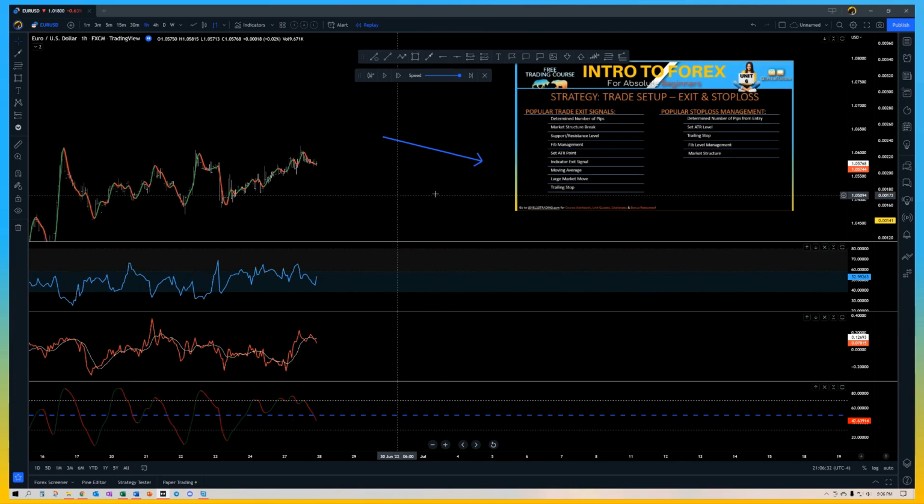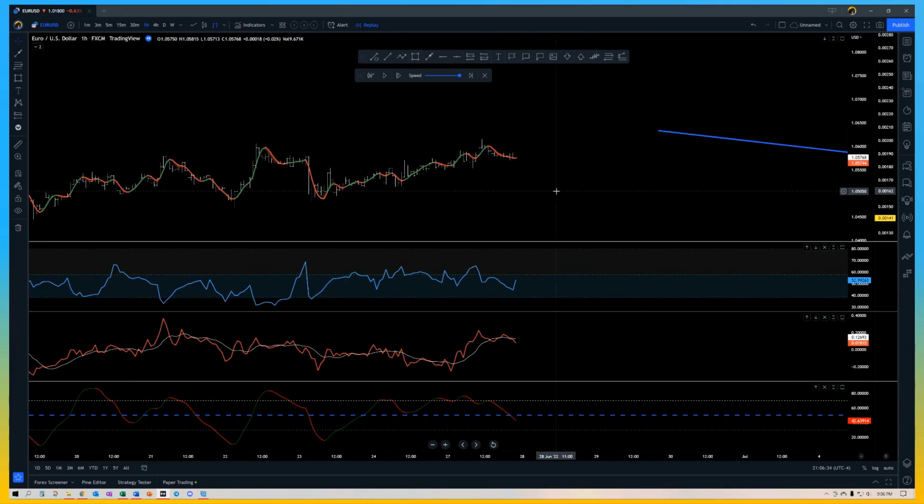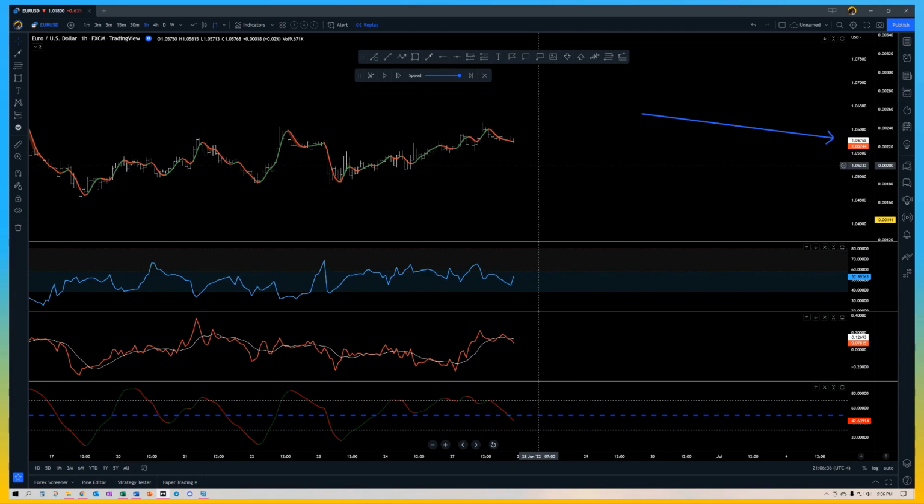Now, in this particular example, we have all of our signals that are a yes. We have our hull here that has said, yes, you're in sales, awesome. We have the choppiness here that is like, absolutely, you're good to go. We have the check-in here where your price has dropped down below your signal line, calling for sales.